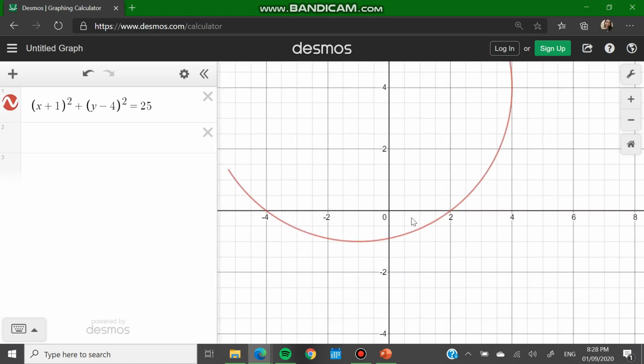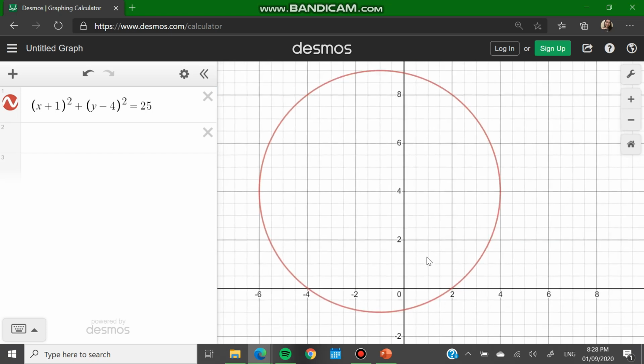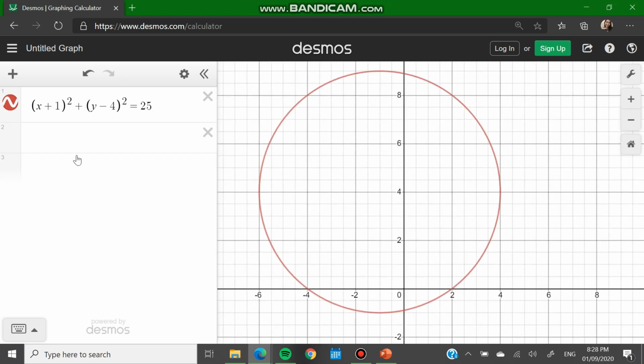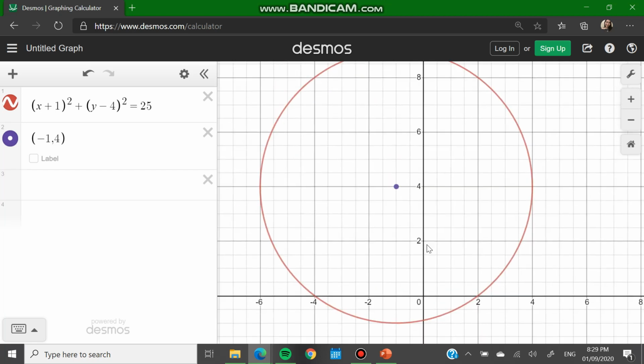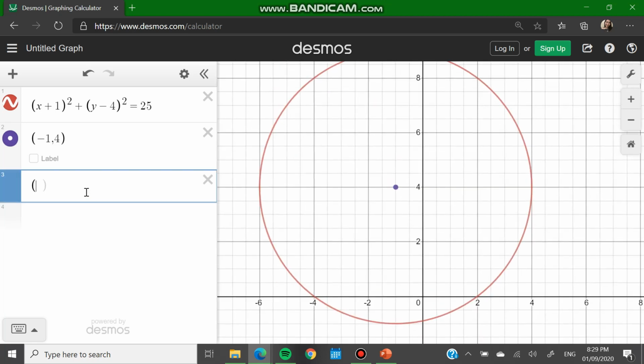So this is the circle. This is the graph of the given circle. We can type in the center. We have (negative 1, 4). There you go. You can also identify another point just to check the radius. So let's say I want this point here. That is (4, 4).